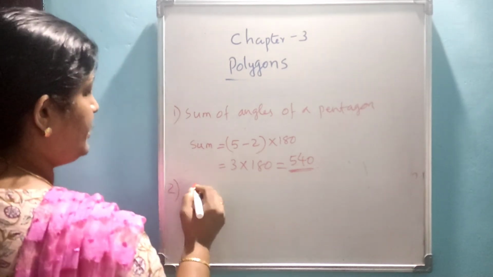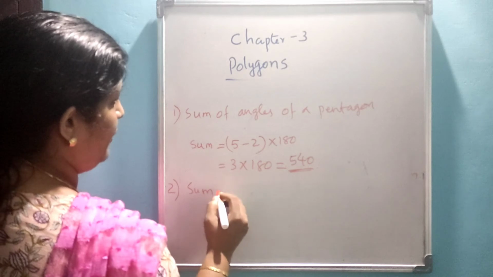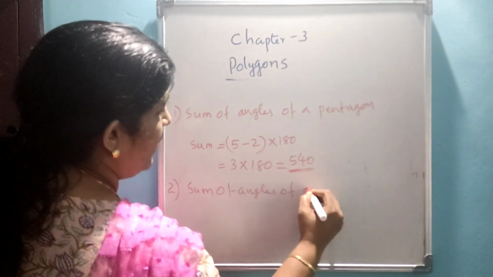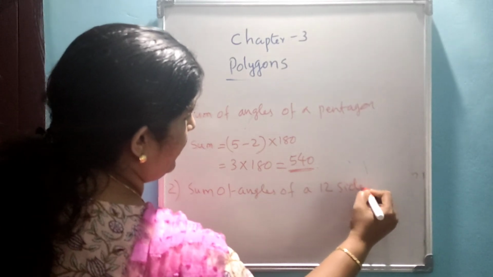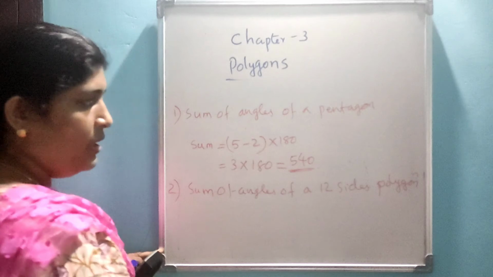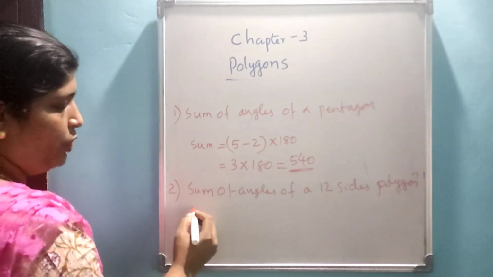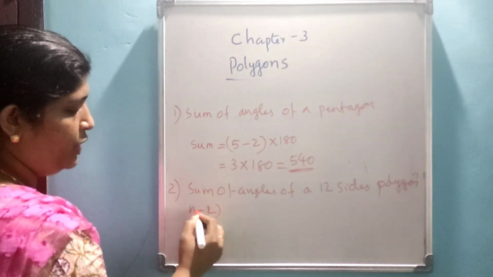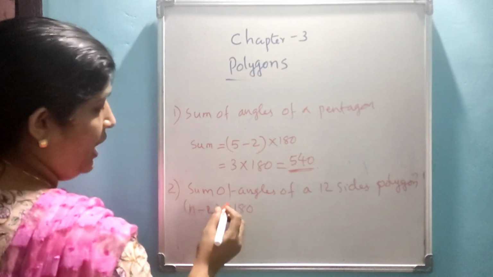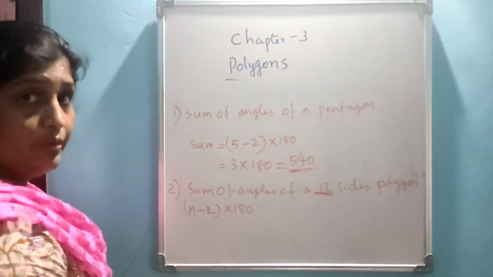Then what about the sum of angles of a 12-sided polygon? If we use this equation, n minus 2 into 180, and here n is equal to 12.